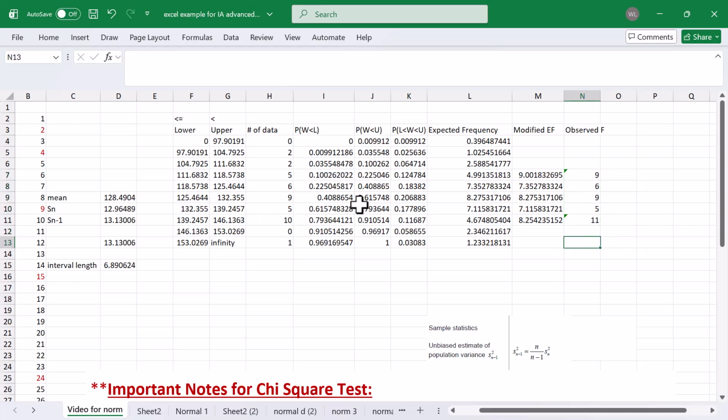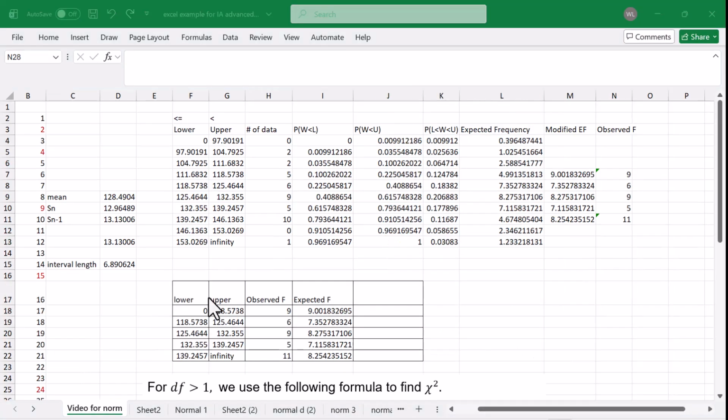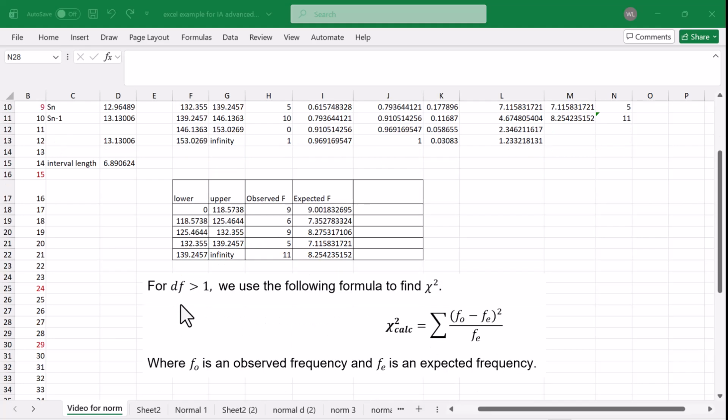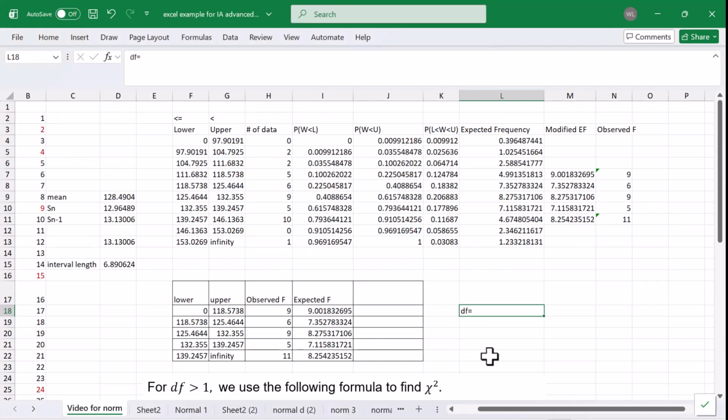Now let's create a table. For this table, in order to make the expected frequency greater than or equal to 5, we recombined the groups. When degree of freedom greater than 1, we will use this formula to work out chi-squared. Let's work out degree of freedom.